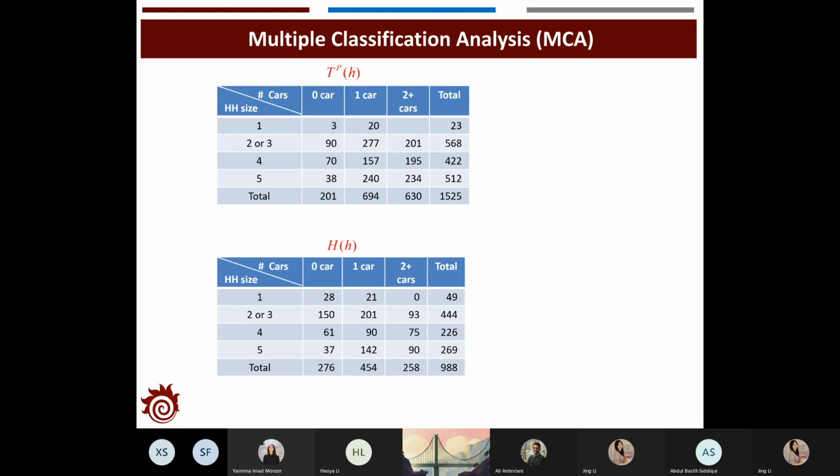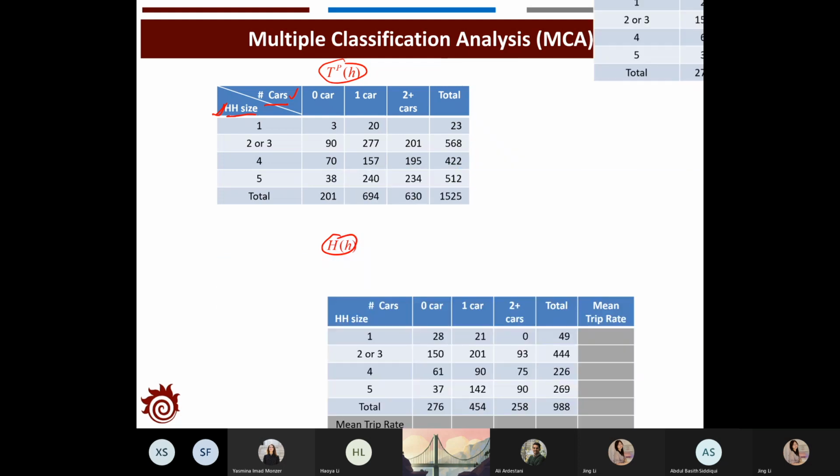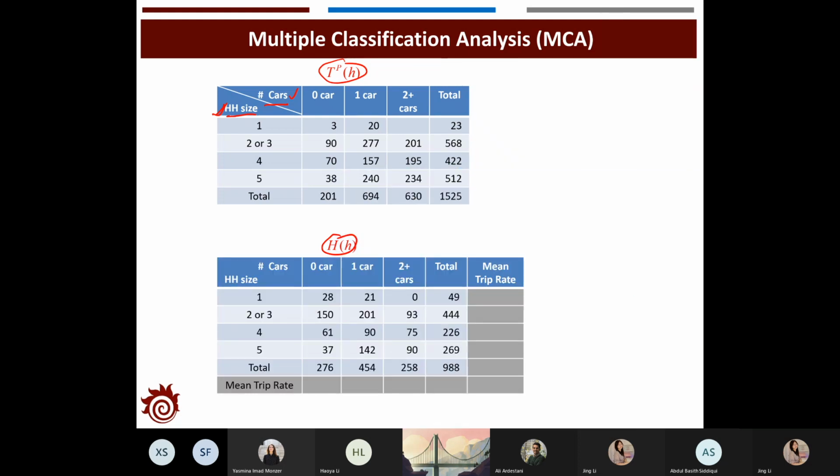First of all, assume that we have a survey about the trip table: the total number of trips in each cell, and the number of households for each cell. Here we can only consider two characteristics of the household structure: the size of the household and the number of cars. To implement the MCA analysis, first we need to calculate the mean value. The first one is to find the group mean.